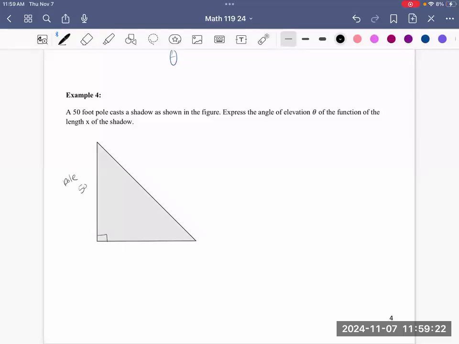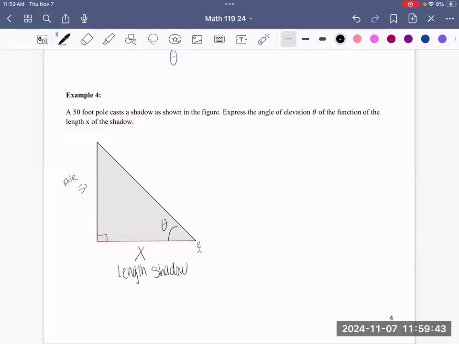So the angle of elevation, we are looking up from the ground. So maybe this is us here, looking at that 50-foot pole. We don't have x. We want to find the length of the shadow, this being the length of the shadow. We'll put x right there.